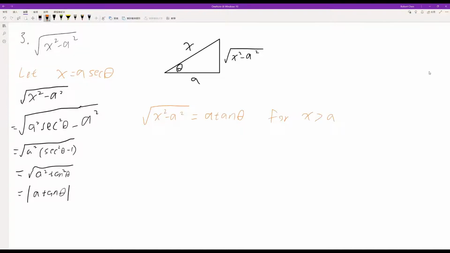Right? But it's going to be the opposite. Use a different color here.